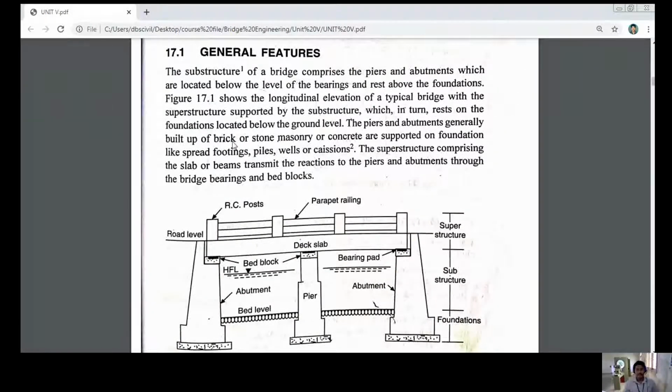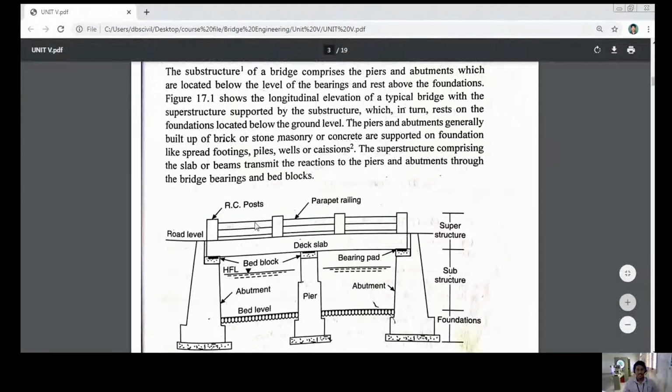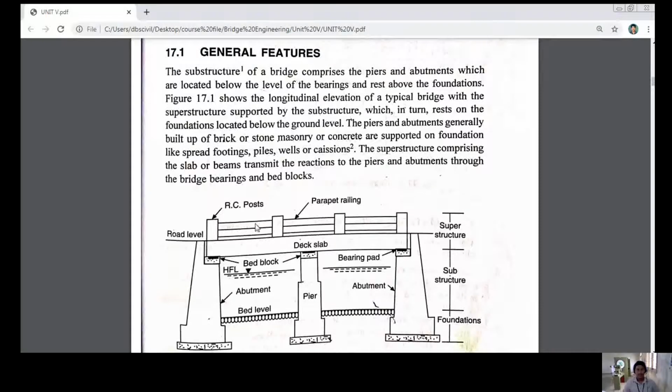The substructure of a bridge comprises the piers and abutments, which are located below the level of the bearings and rest above the foundations. I hope you can all see the figure.